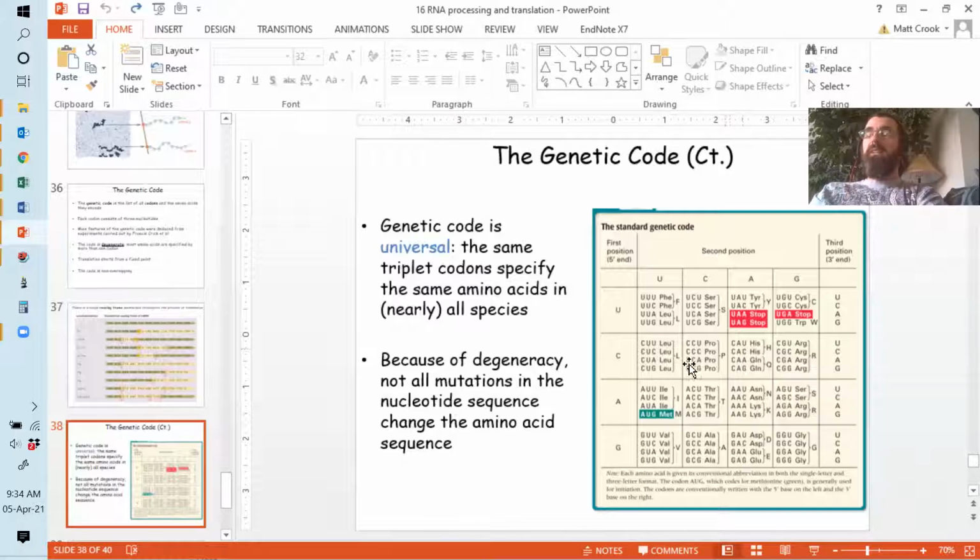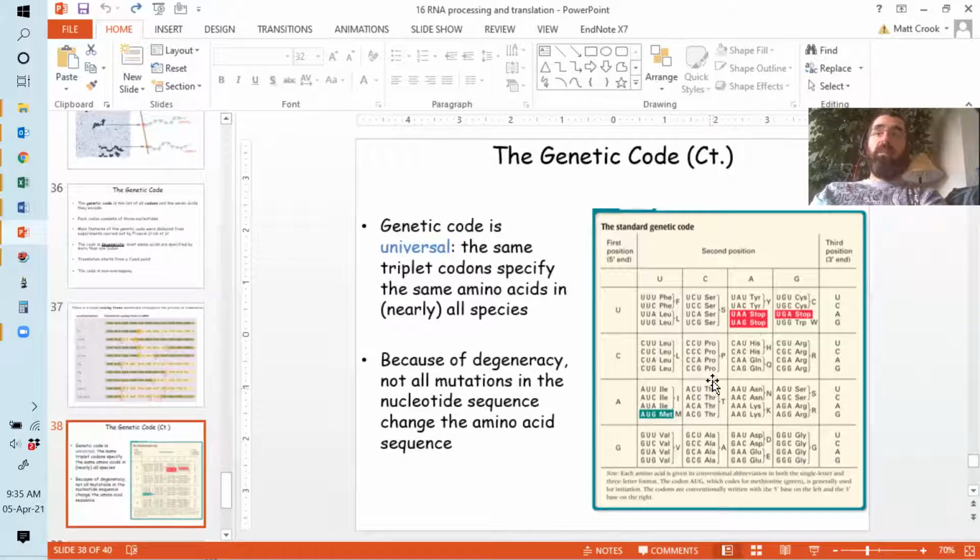And this also provides a degree of buffer, right? If you have a point mutation, let's say you have CCG in your DNA and it changes to CCA, a random change turns a G to an A in the third base of that codon.